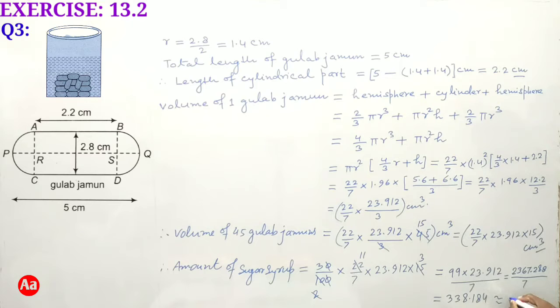If we round it, we get 338 centimeter cube, and this is volume, amount of sugar syrup in 45 gulab jamuns, 338 centimeter cube, which is actually 30% of volumes of this 45 gulab jamun. So this is the answer.